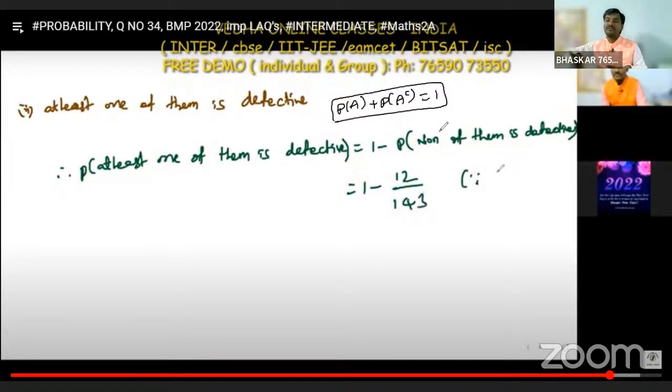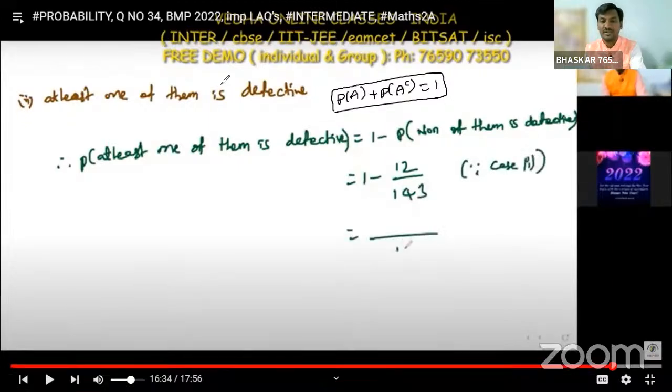If we subtract all non-defective, in the remaining we may get 1 defective bulb, or 2, or 3, or 4, or even 5 defective bulbs. That means 1 minus 12 divided by 143.